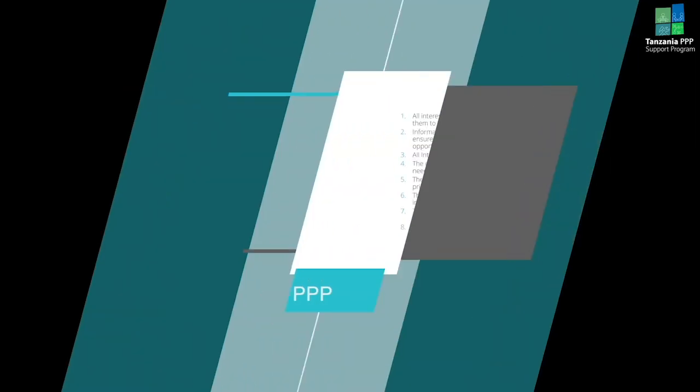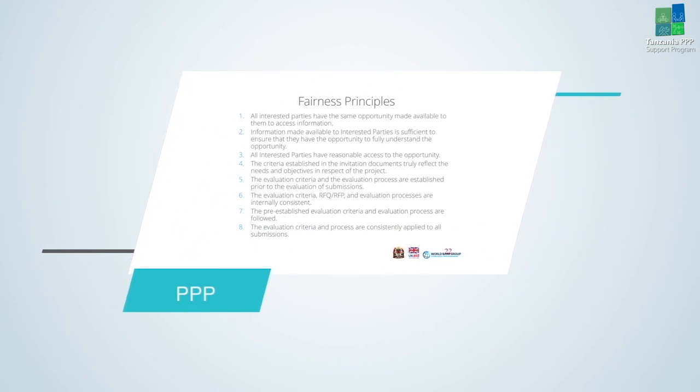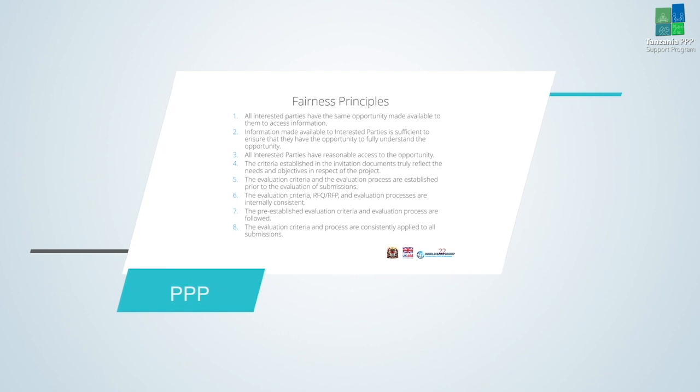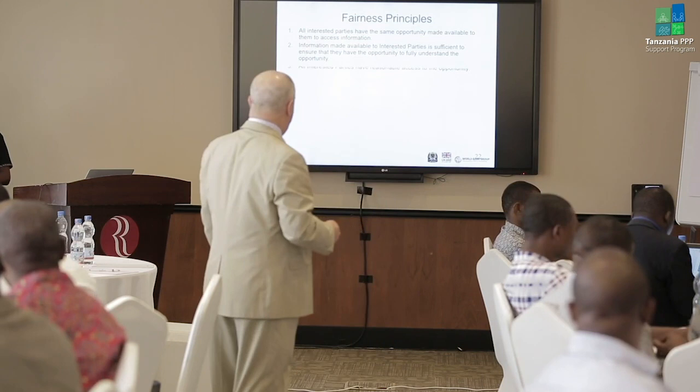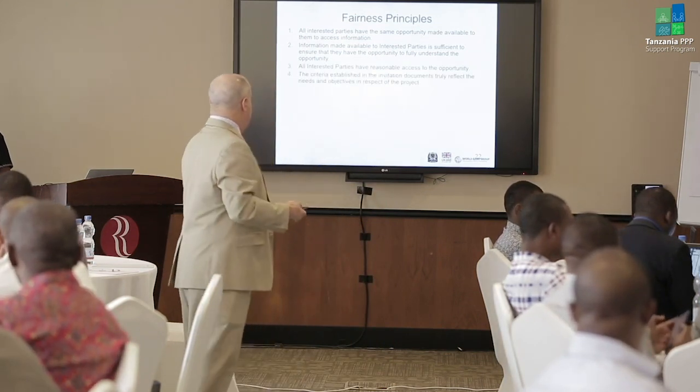All right, so some of our fairness principles. We talked about all parties having access to the same information. You want to provide them as much information as possible so they can make an informed proposal. Access to the opportunity.